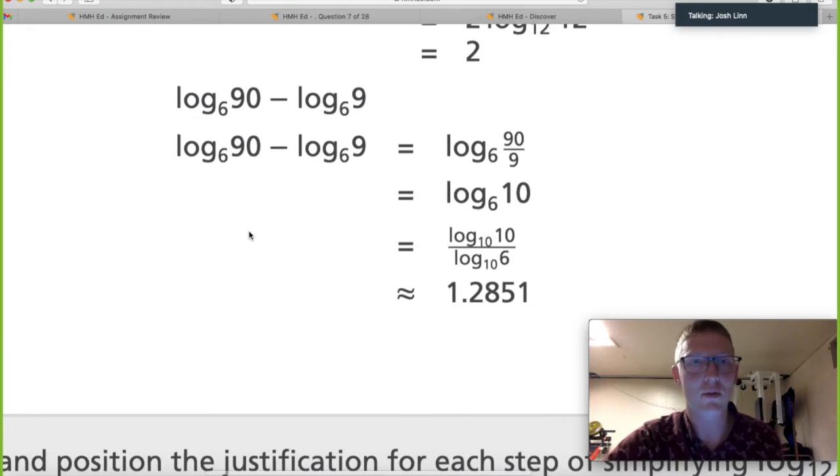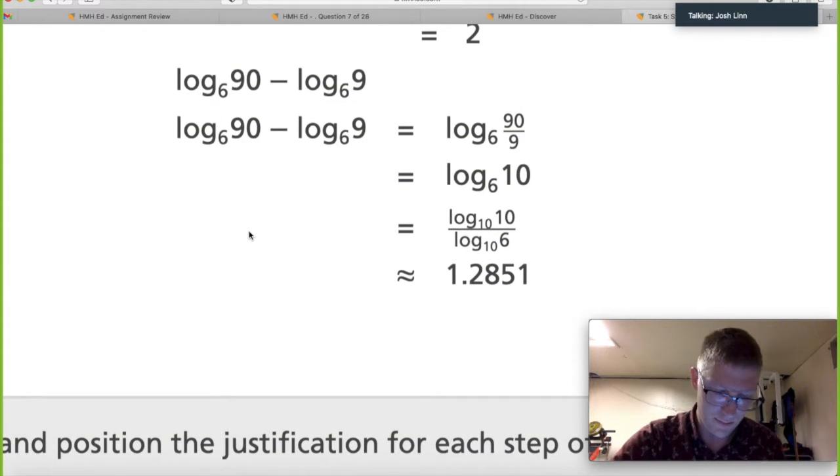Okay, let's try another one: log base 6 of 90 minus log base 6 of 9. That is the same as saying log base 6 of 90 divided by 9. Then you can simplify it to that.